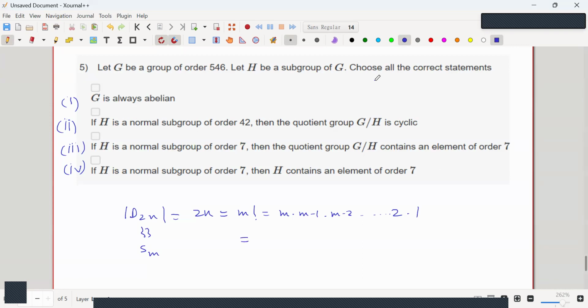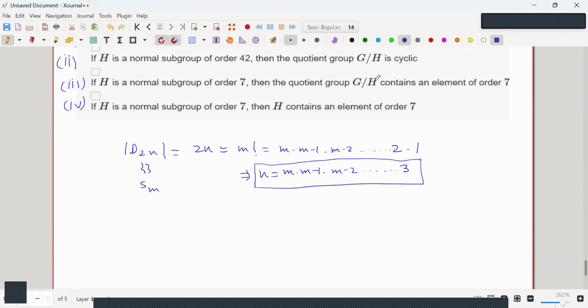This means your n has to be m times m minus 1, m minus 2, down to 3. If your n is of this particular type, then only do they have the same order. That's when you focus on the order.